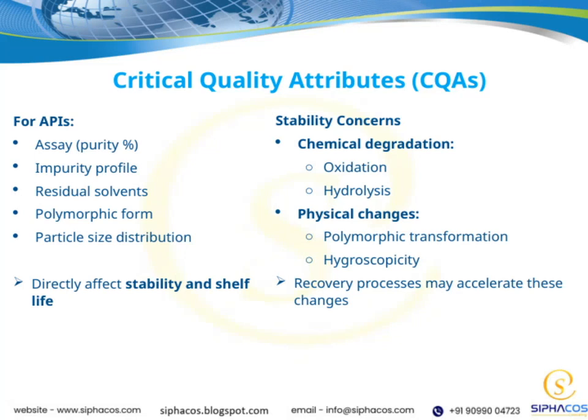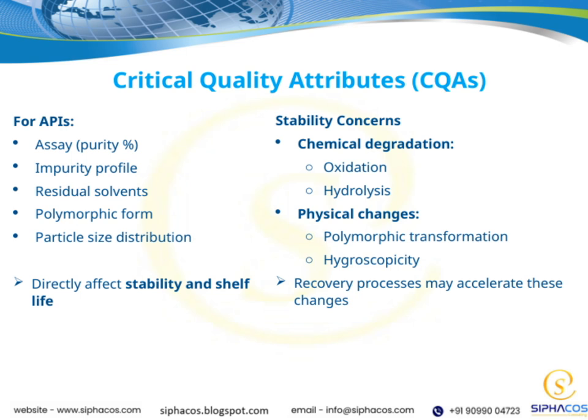Let's now discuss some of the stability concerns we often encounter with pharmaceuticals. First, chemical degradation can happen through processes like oxidation, where the drug reacts with oxygen, or hydrolysis, which involves reaction with water. These reactions can compromise the drug's effectiveness over time. On the physical side, we see changes such as polymorphic transformation, where the drug changes its crystalline form, potentially affecting its stability and bioavailability.